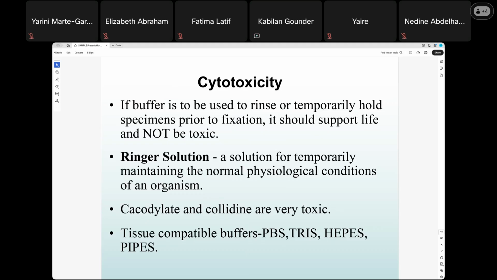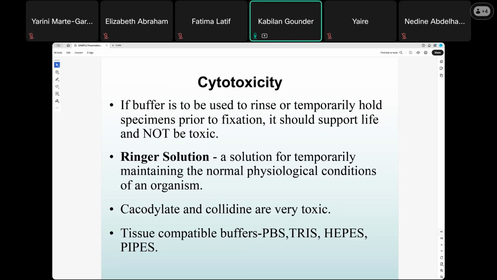It should support life during that process. So if it supports life, how can we use this? We call it Ringer solution, for temporarily maintaining the normal physiological conditions of an organism.